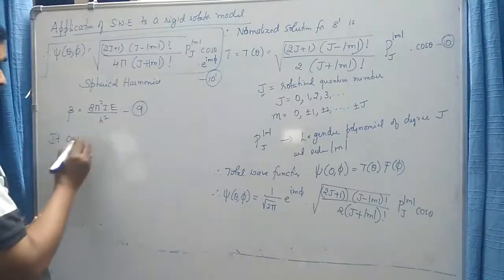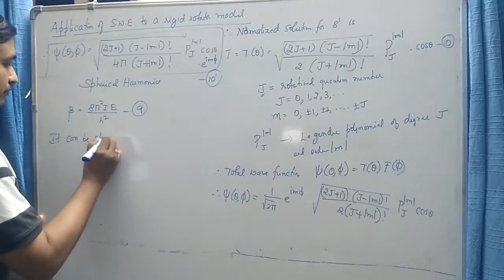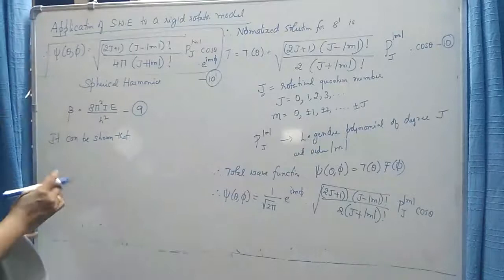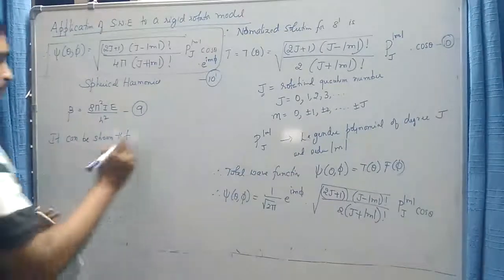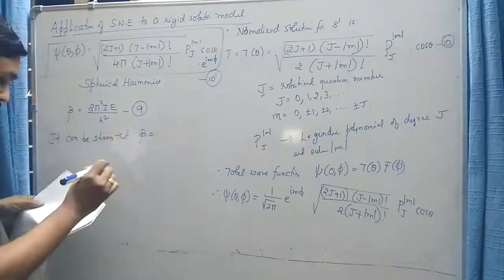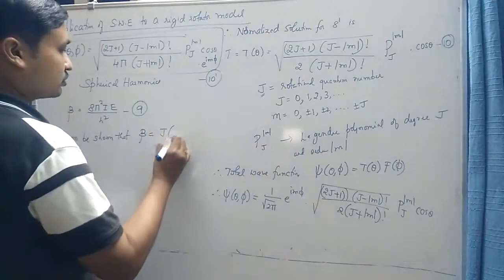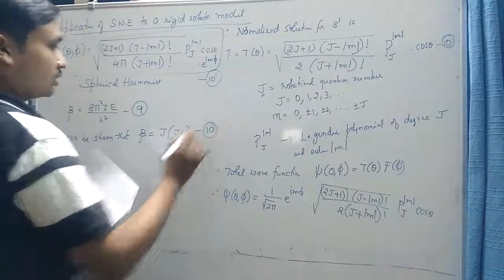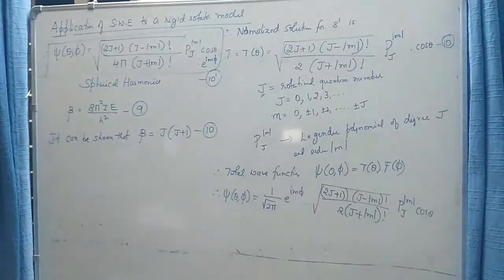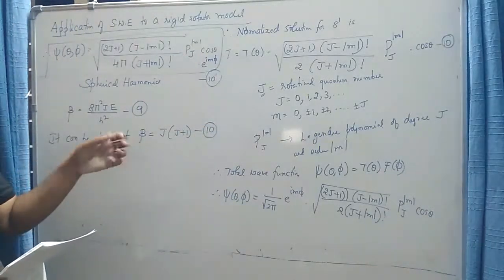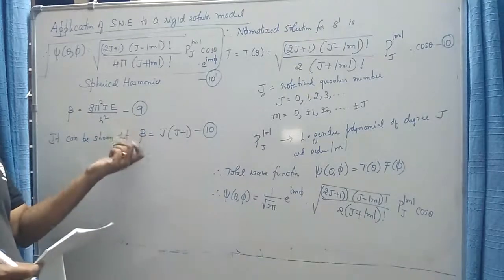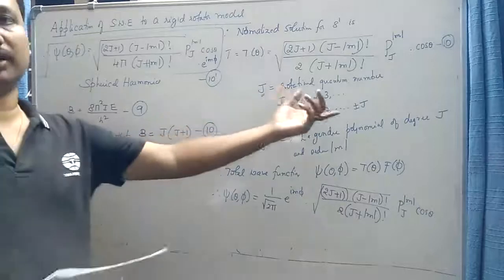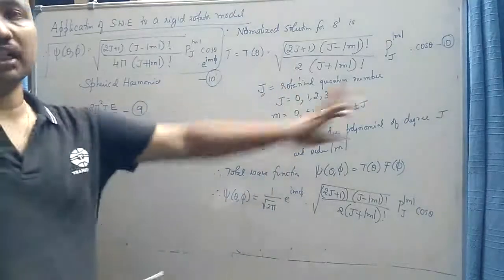When we apply those conditions, it can be shown that the boundary conditions and normalization condition even restrict the value of beta. Beta can take only values equal to j into (j plus 1), where j is the rotational quantum number. So this is the condition that restricts the value of beta to only have values j into (j plus 1), and we know that the j values are restricted to integral values.